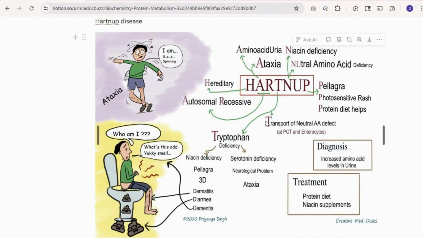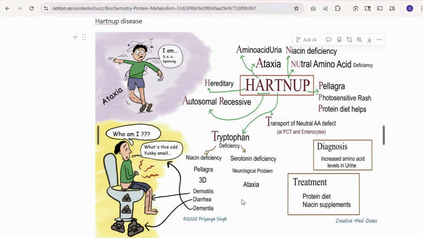Now, last couple of diseases, Hartnup disease. I think we'll see it again in B3 deficiency, right? But this is basically B3 deficiency, which leads to amino aciduria. That's the main thing, right? Because you have this tryptophan, and tryptophan is not going further and making a lot of these proteins and stuff, right?